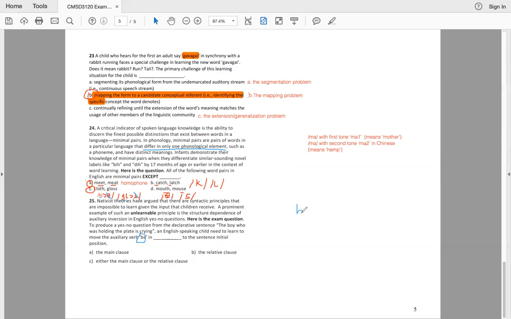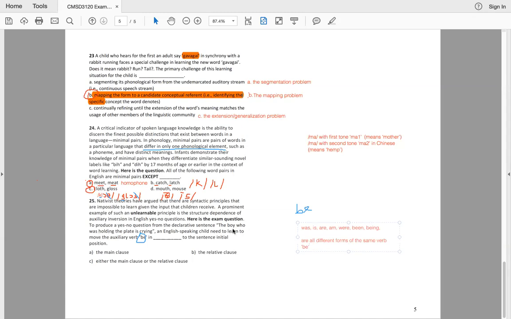So be is a verb that takes different forms. So was, is, are, am, were, being, are all different forms of the same verb be.